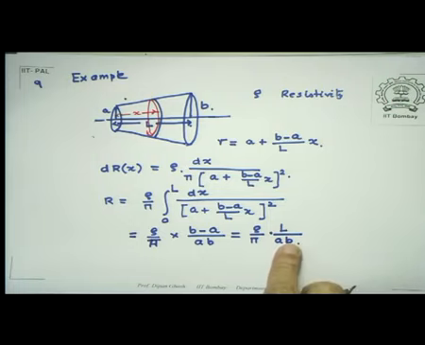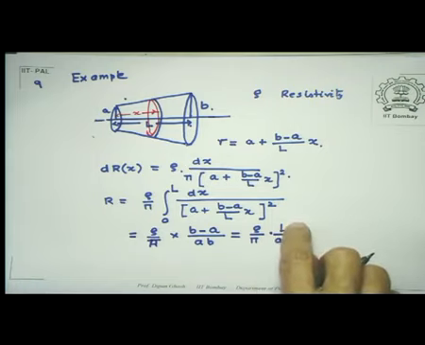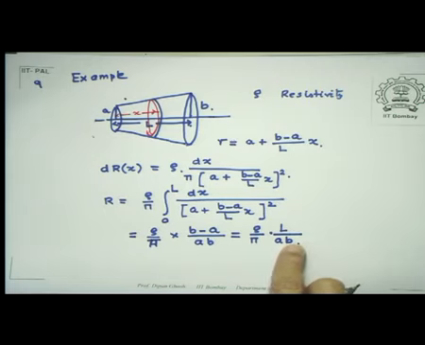You notice that supposing a were equal to b, then I will get the resistance to be given by rho L by pi a square, which is what I expected for a normal cylindrical conductor.